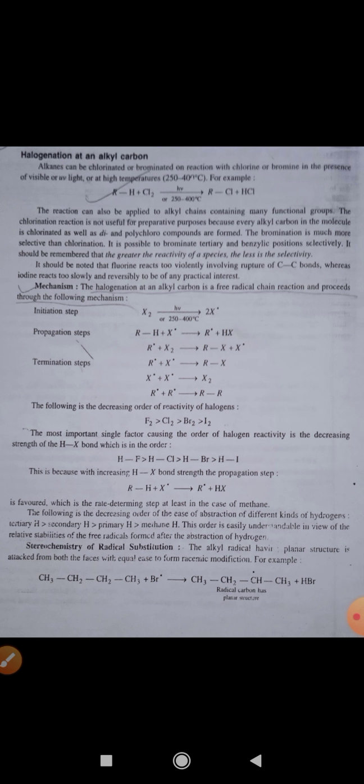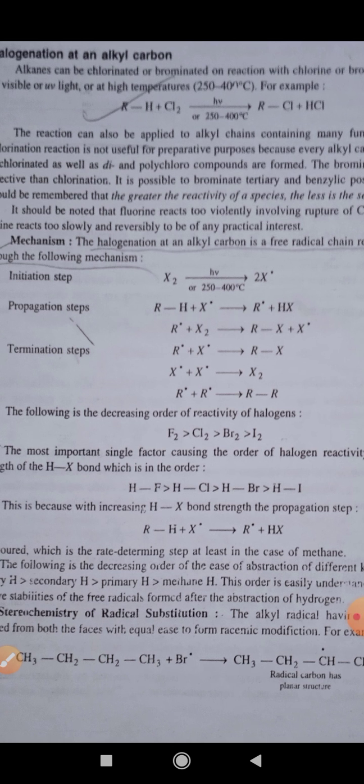Therefore, on the arrow h nu is written, or it takes place at 250 or 400 degrees Celsius at high temperature. When alkanes are chlorinated under this condition, it gives the formation of alkyl chloride. But the reaction does not stop at this step, because in chlorination all the hydrogens of the alkane are replaceable and they are replaced by chlorine to form di and polychloro compounds.